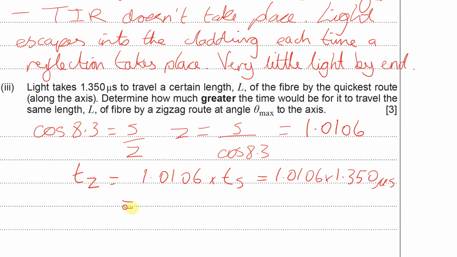That will give us that the zigzag path takes 1.364 microseconds, and the time difference, the difference between the zigzag path and the straight path, will be 0.014 microseconds.